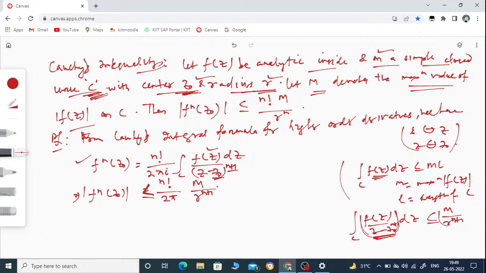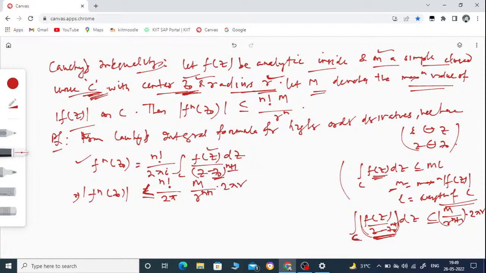This is the maximum value, this M value. And what is the length of this curve? This curve is nothing but a circle whose center is z0 and radius is r. Since its radius is r, what will be its length? Its length will be 2 pi r, just its perimeter. So I will write 2 pi r.